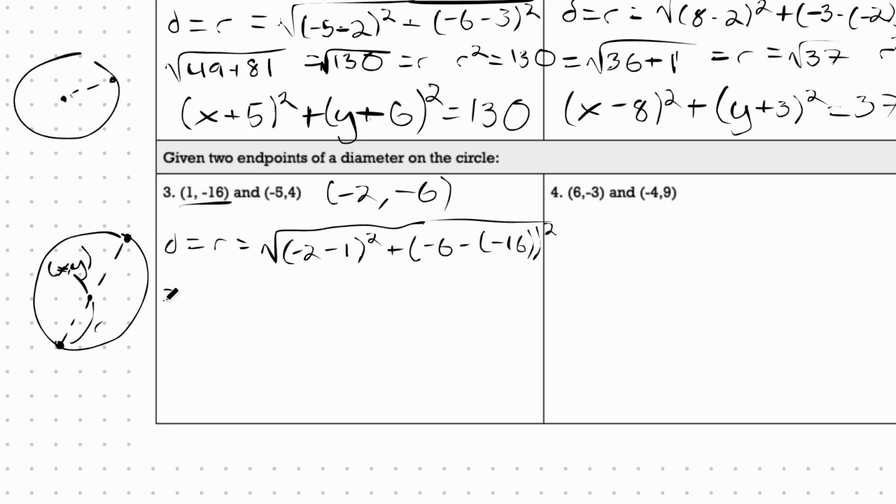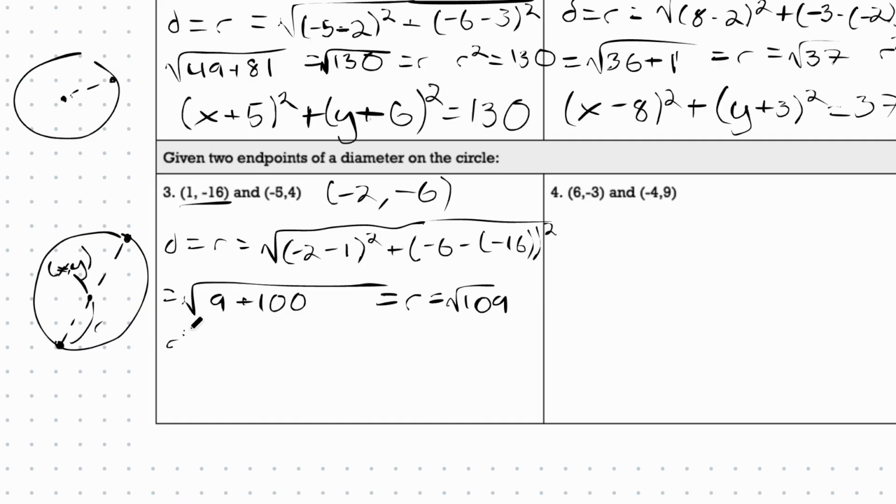So what we're going to get here is -2 minus 1 is -3. -3 squared is 9. And -6 minus -16 is the same thing as -6 plus 16. So we get 10, and 10 squared is 100. This is all equal to r. I should probably write that r is now equal to √109.